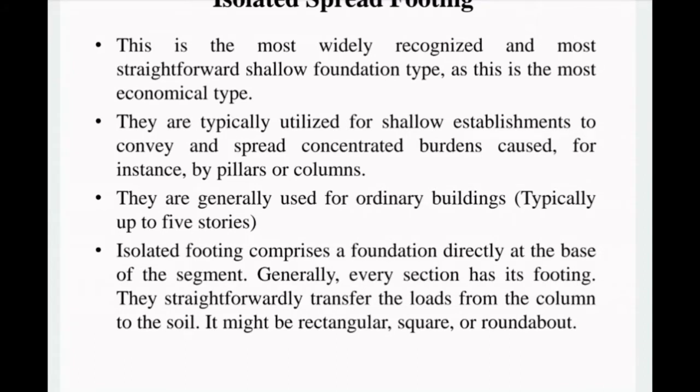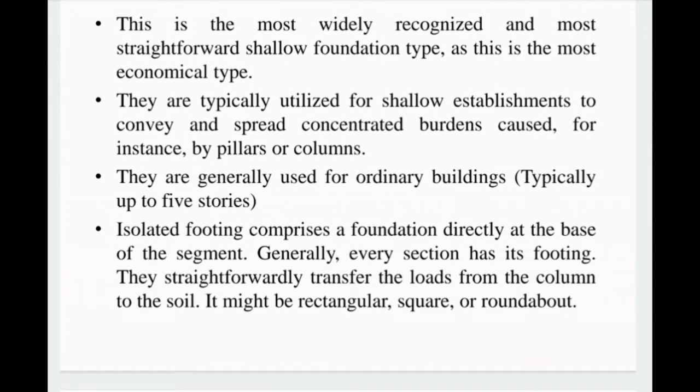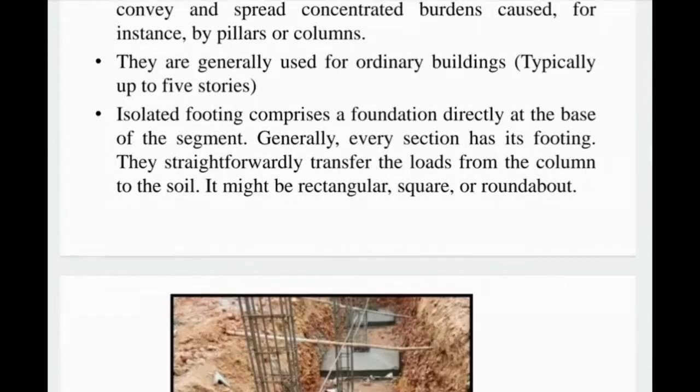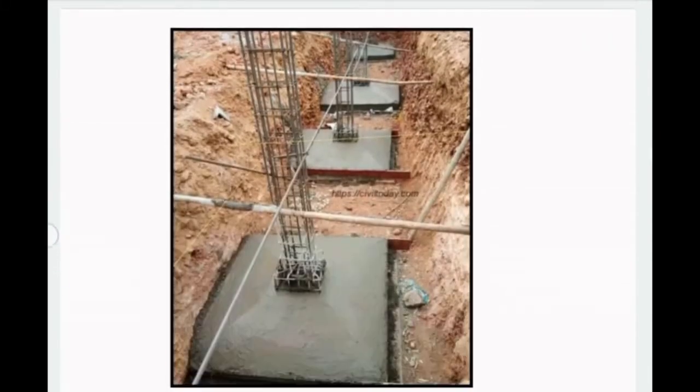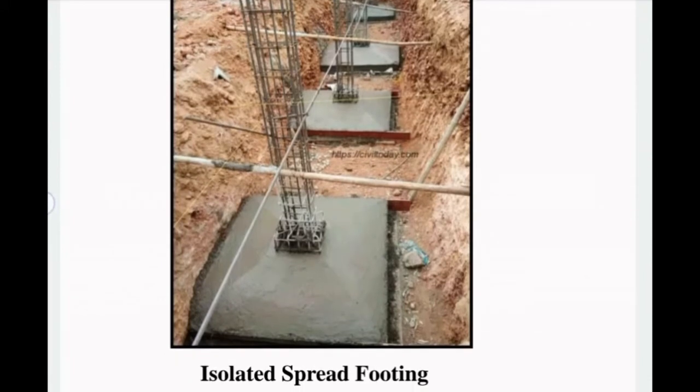Generally, they are used for ordinary buildings, typically up to 5 stories. This type of isolated footing comprises a foundation directly at the base of the column. Generally, every column has its own footing, which may be rectangular, square, or circular. This is the pictorial representation of the isolated spread footing.